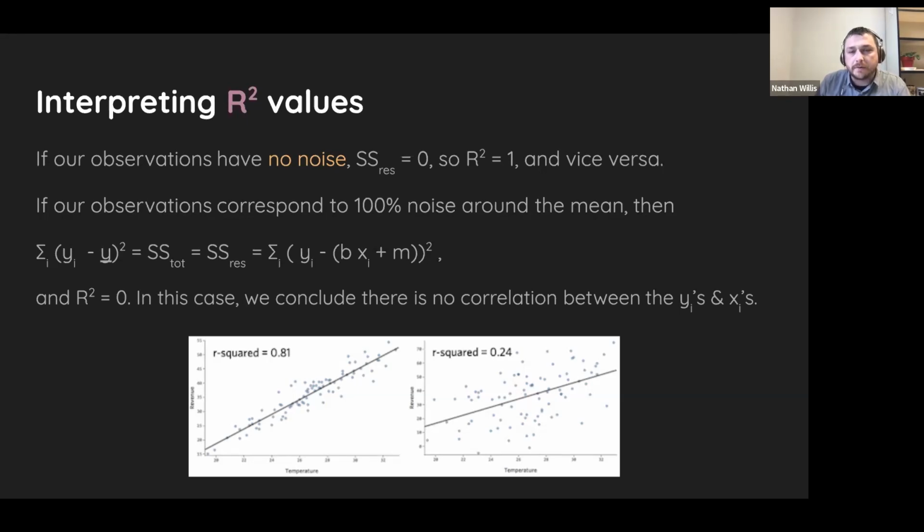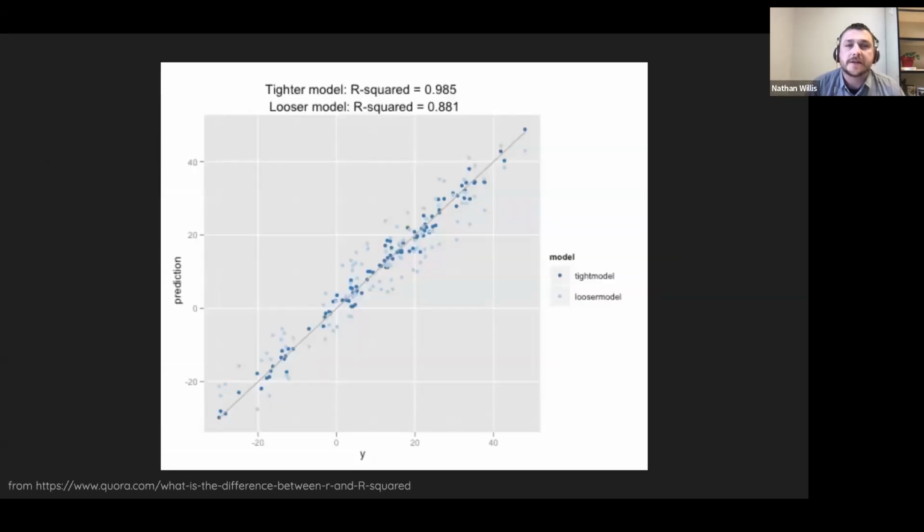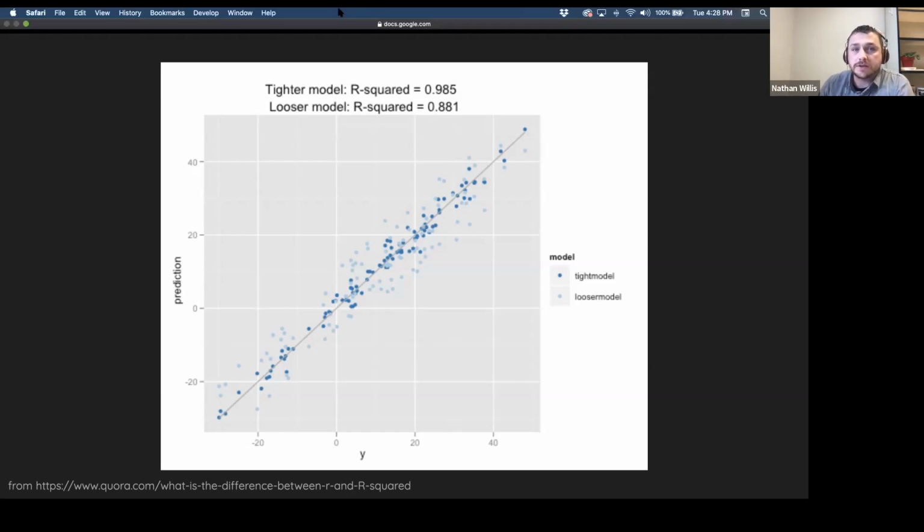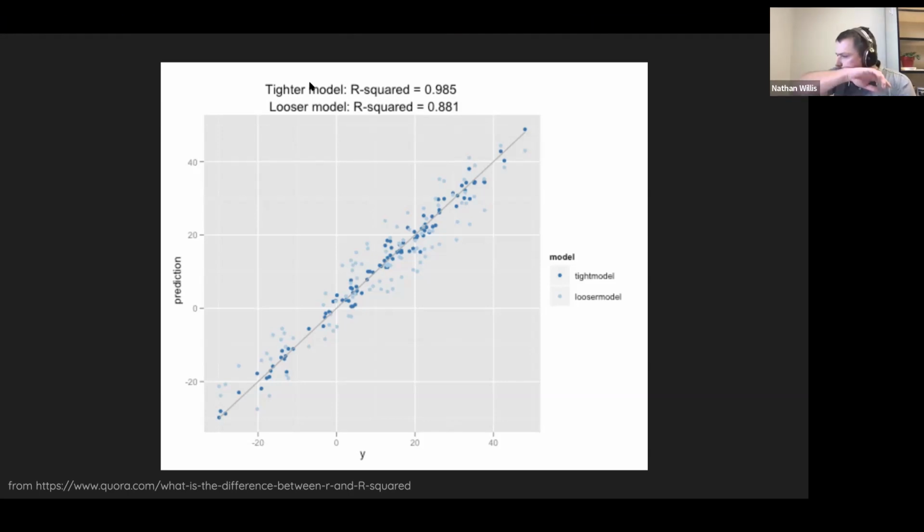Okay, another example, just putting those two ideas on the same plot, is right here, where you have two R squared values of 0.985 and 0.881. Hopefully the two different shadings are coming through on Zoom. Right, so again, with the 0.985, these values are very close to the line.